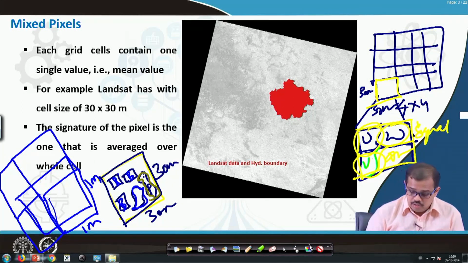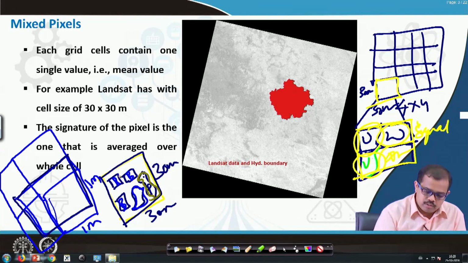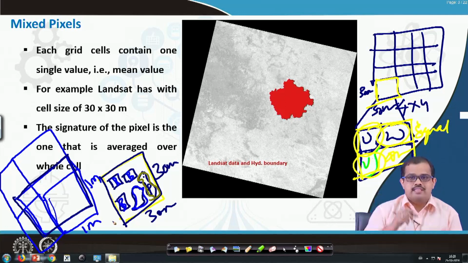So when you are looking at this particular image, this is a building that you are capturing in both of these images, but in this it is just a part of a pixel, whereas here it is a larger part of many pixels. So what happens in this?